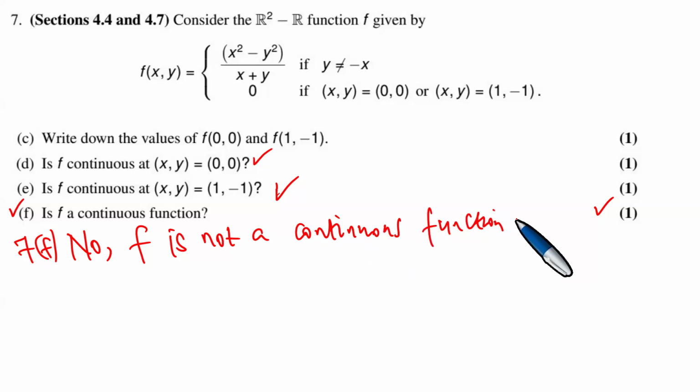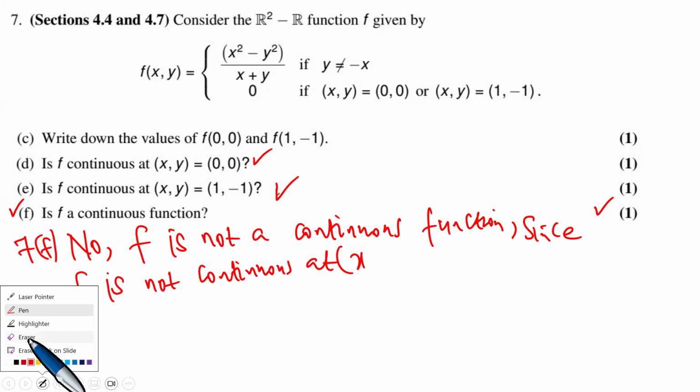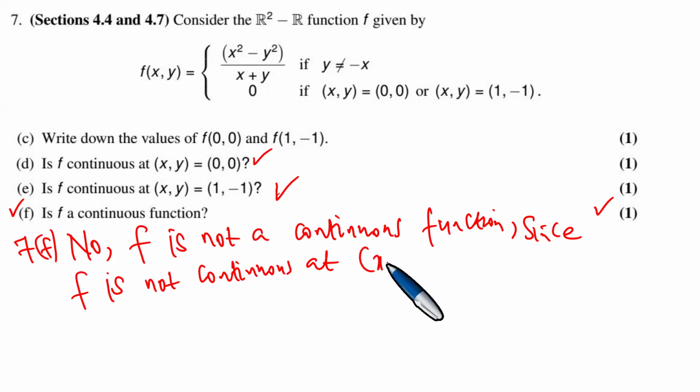Since we know one point where it is not continuous. There's a point we chose, quite a specific point. It is not continuous at x, y equals 1, minus 1. We saw that, because the limit is not equal to the value of the function at that point.